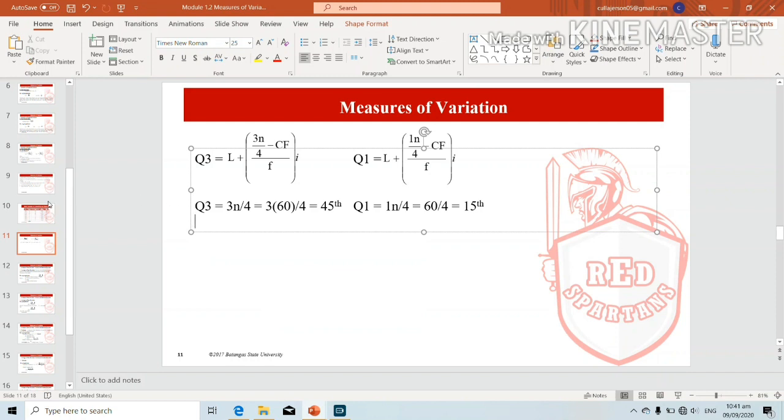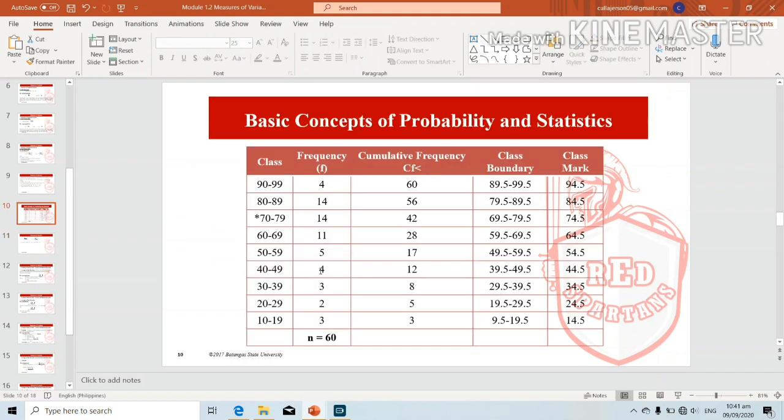Then, tingnan natin dito. Asan ba yung 45? So, cumulative frequency. Ito ay 42, nandito yung 45 sa 80 to 89. Then, yung 15, andito sa 17, sa 50 to 59.